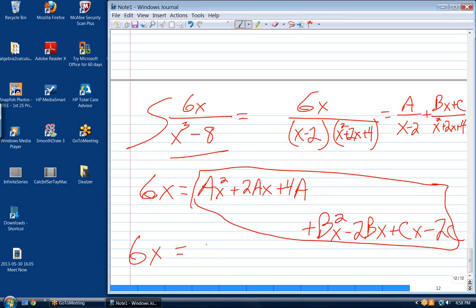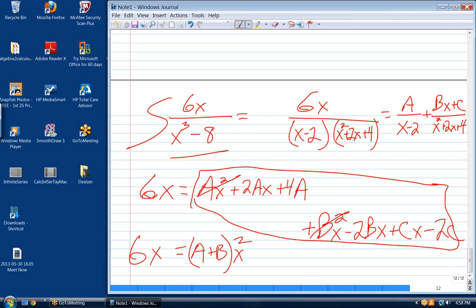Well, we've got an ax squared and a bx squared. So if I wrote ax squared plus bx squared, factored out the x squared, I would have a plus b times x squared. That takes care of that term and that term.